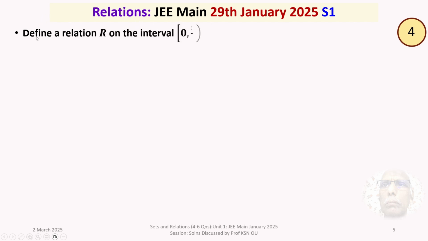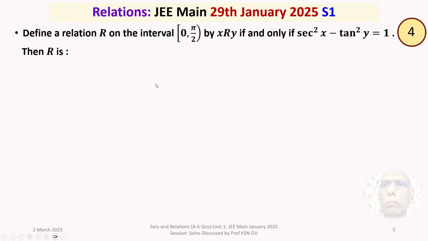The given question is, define a relation R on the semi-closed interval [0, pi/2), closed at 0, by x related to y by the relation R if and only if sec squared x minus tan squared y is equal to 1. Then R is, we are given 4 options.